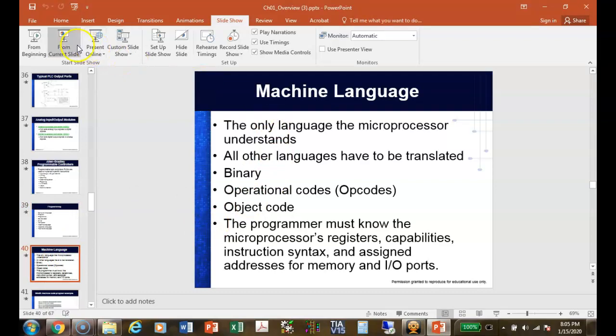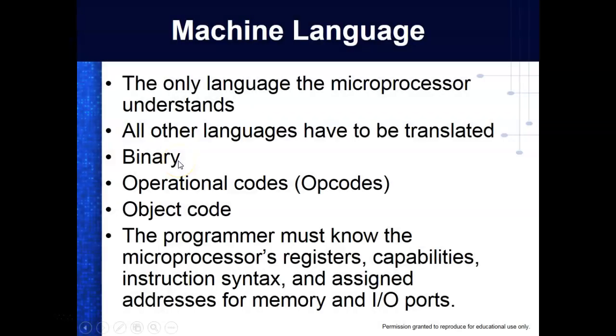Machine language. Luckily we don't have to know this anymore. It's the only language the microprocessor understands; all other languages have to be translated. So by the time it hits that microprocessor, it is machine language, ones and zeros. It's a binary language. We talked about operational codes, right?